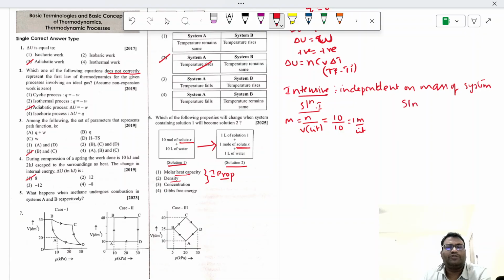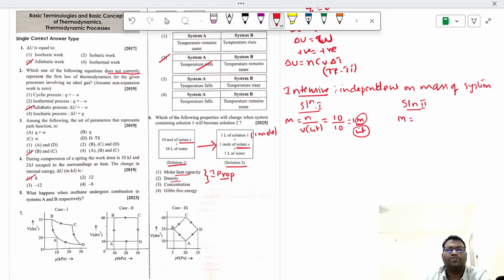Now let us consider solution 2. Molarity is equal to number of moles by volume. Let us take 1 liter of solution 1. If you take 1 liter, then how many moles are there? 1 mole. Again 1 more mole of solute is added.